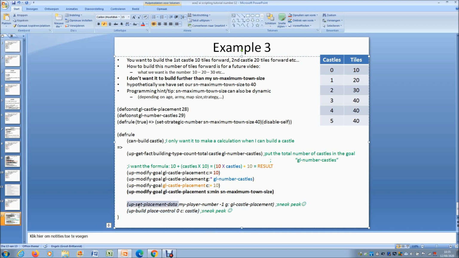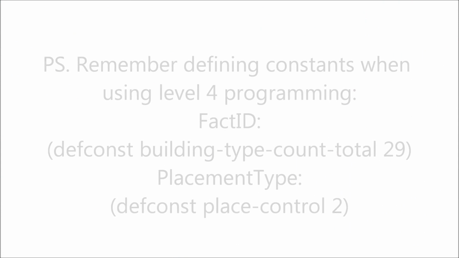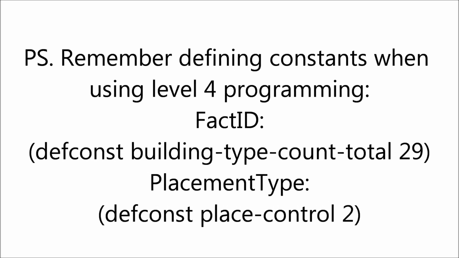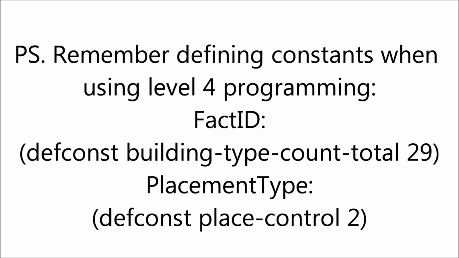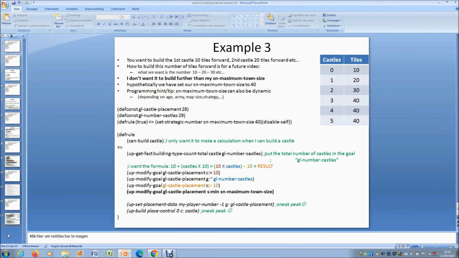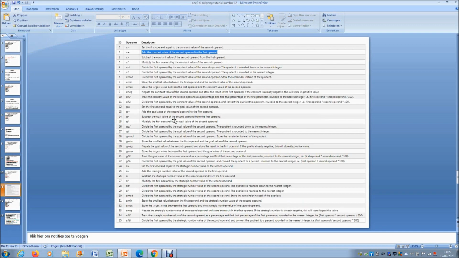These commands we will see in a future video, but I've already put them here as a sneak peek, and maybe it gives you ideas to research or experiment yourself. I hope this was all clear and that you can start programming with up modifier mathematical operations.